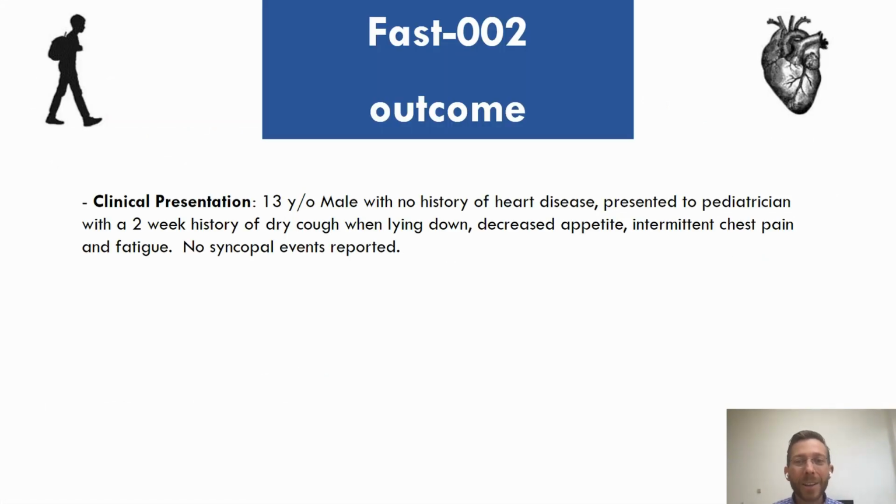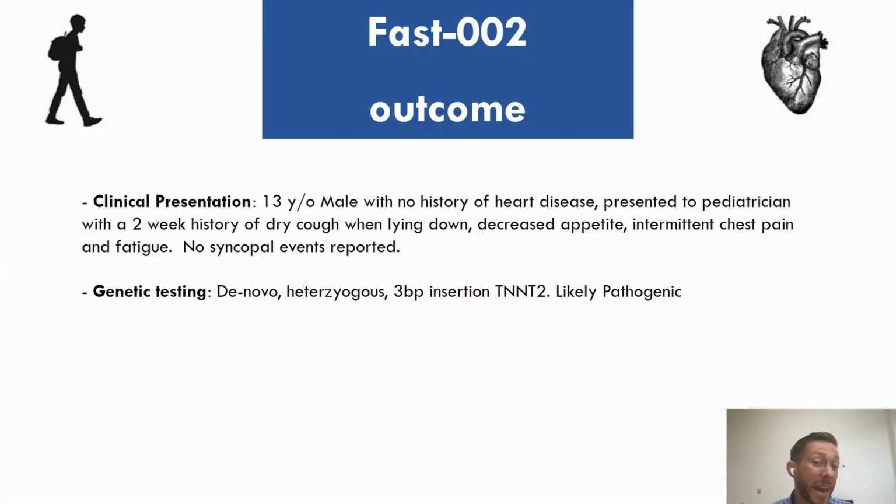So going back to this patient, the 13-year-old male with no history of heart disease, who had presented to his pediatrician with a dry cough and decreased appetite and some other clinical signs, had genetic testing done, and the genetic testing identified a de novo heterozygous 3 base pair insertion in TNNT2, and it was classified as likely pathogenic. So with that, we were able to make a diagnosis of genetic dilated cardiomyopathy.